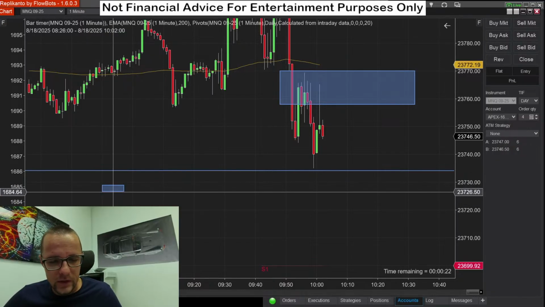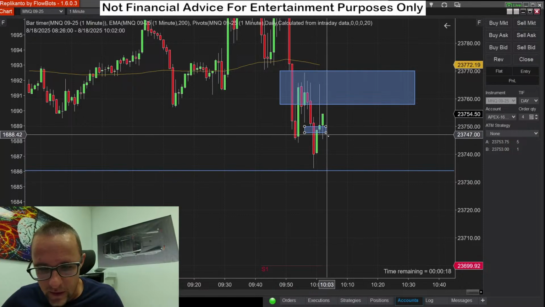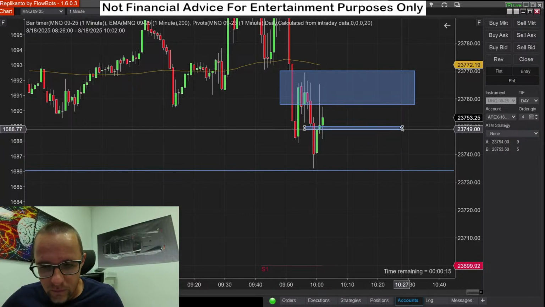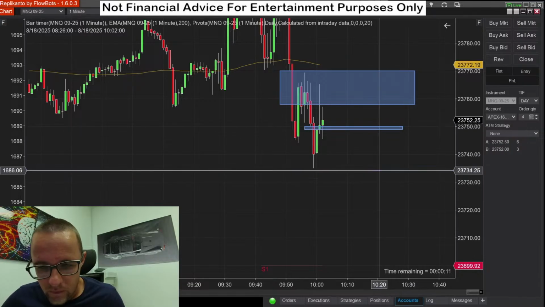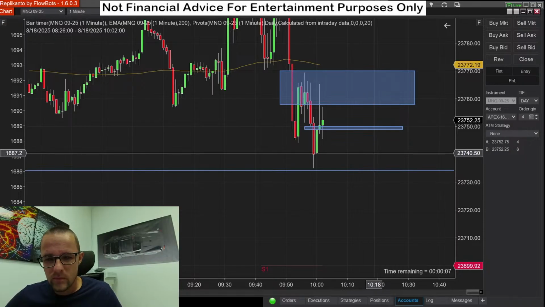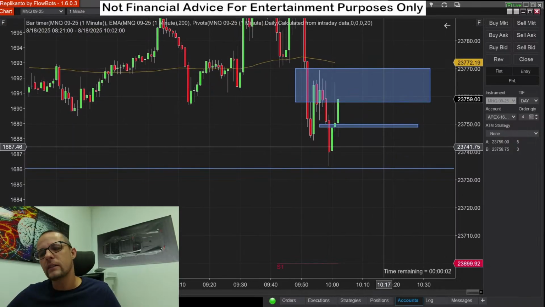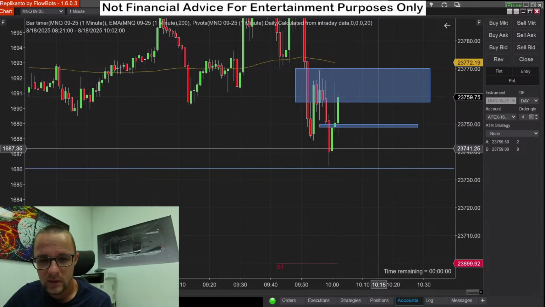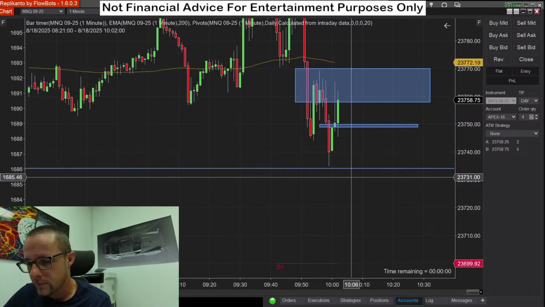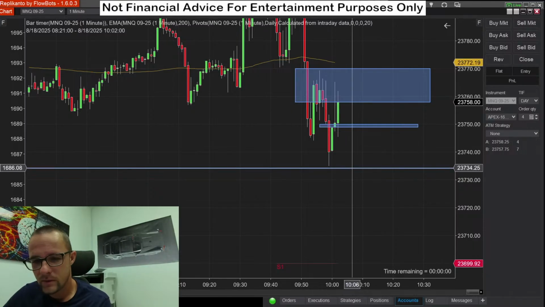There's a very tiny gap, but the fact that it's not taking out that low is so annoying. Bro, so close. It just made a double bottom pretty much.